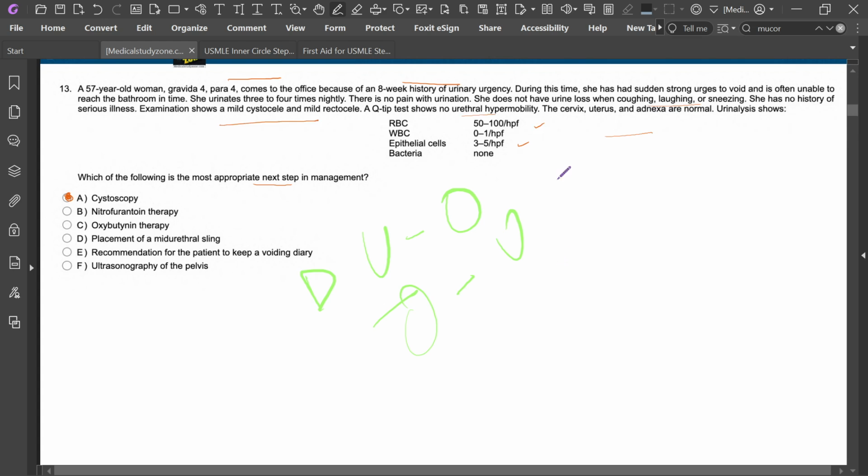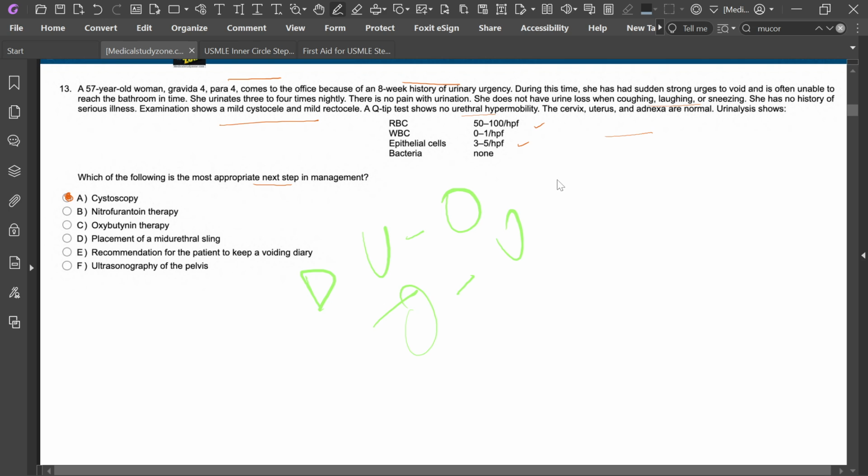Physical examination and lab studies will show no abnormalities. Post-void urinary bladder residual volume will be normal. Treatment of idiopathic urge incontinence includes strengthening the pelvic floor muscles, weight loss, minimizing caffeine and alcoholic beverage intake, bladder training on timed voiding, and antimuscarinics like oxybutynin.